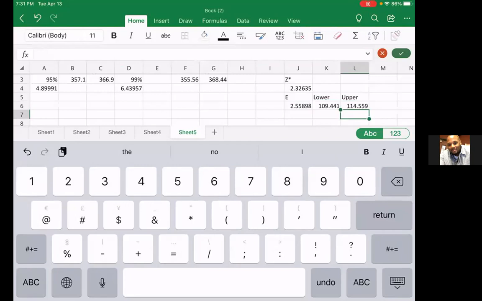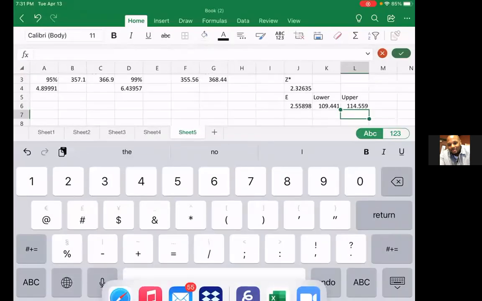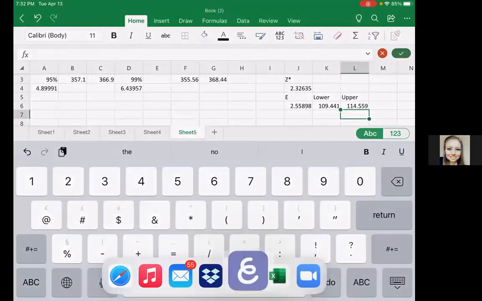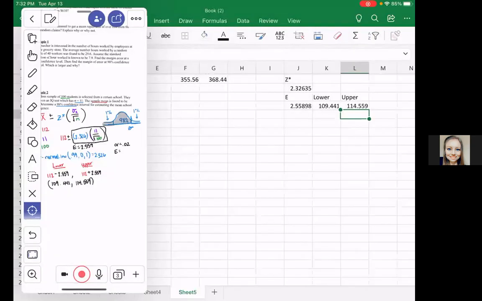If you compare that to what we just got, let's split this screen. There you go. Here's what we got by hand.